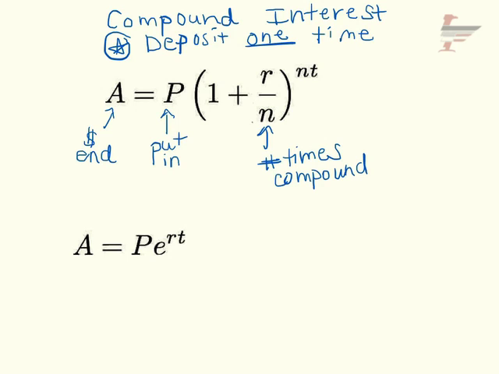So remind yourself, if that's monthly, N is 12. If it's quarterly, N is 4, because there's 4 quarters in a year. If it's yearly, it's 1, because there's 1 year in a year, right? What else? Semi-annually is twice a year. And then T is time in years.